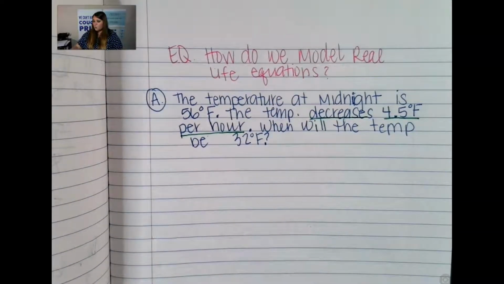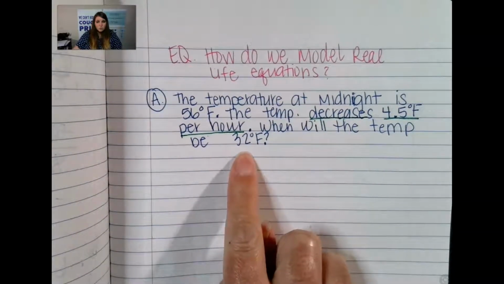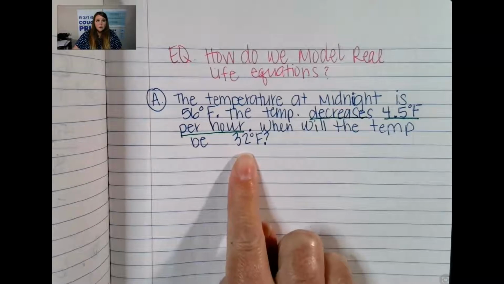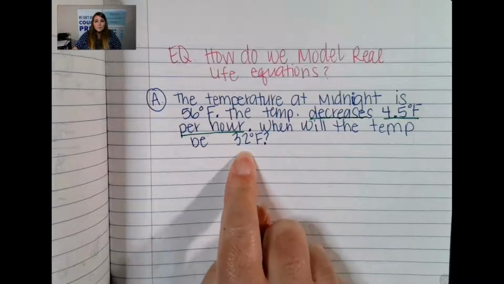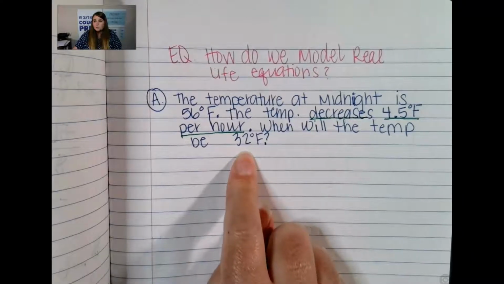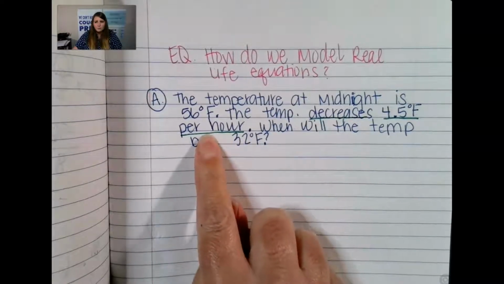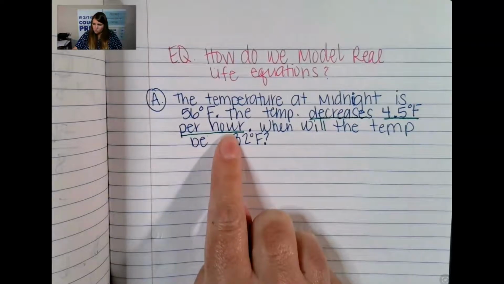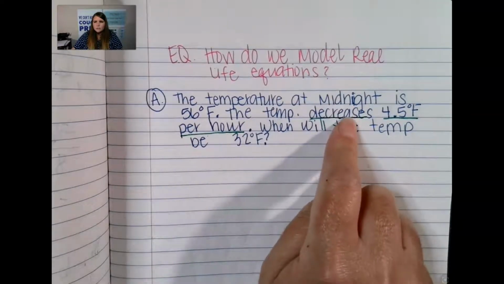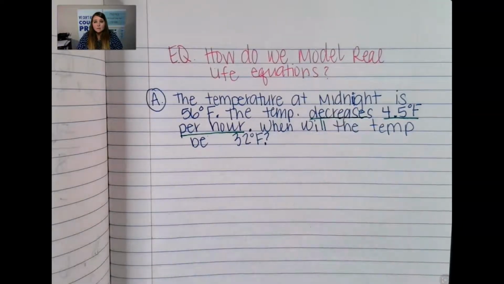We want to know, when is the temperature 32 degrees? We need to think about first, how do we get to 32 degrees Fahrenheit? How would we do the opposite of per hour? And what does the word decreases mean? Those are some things that we need to think about.